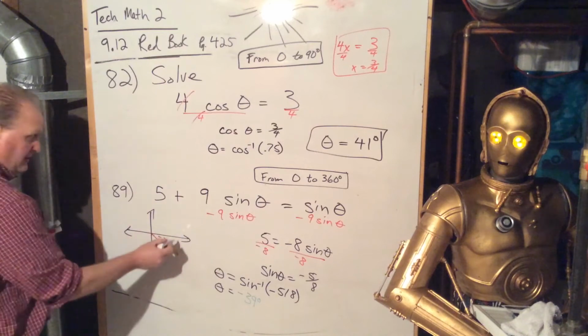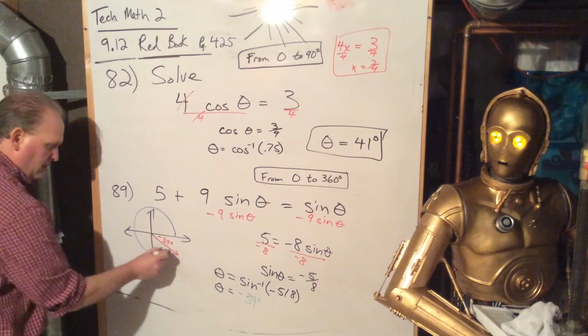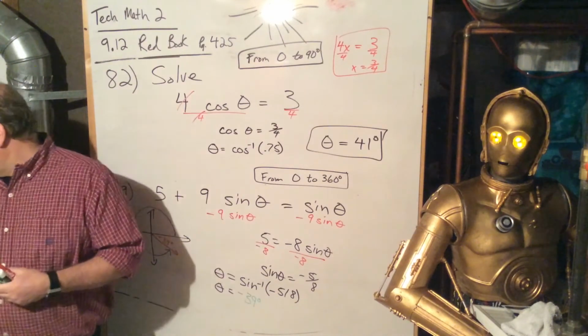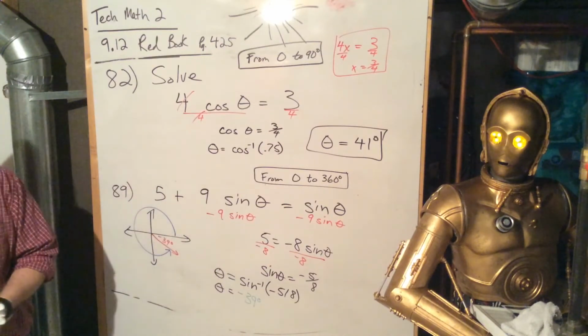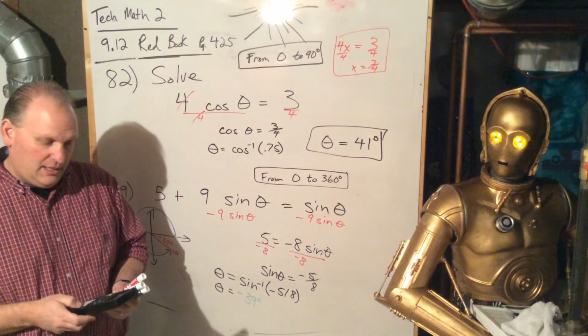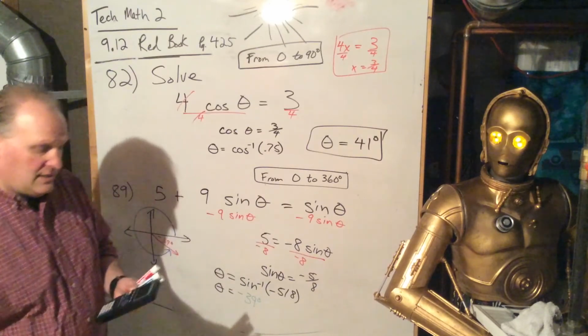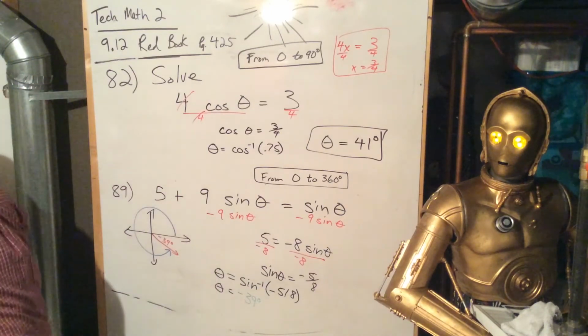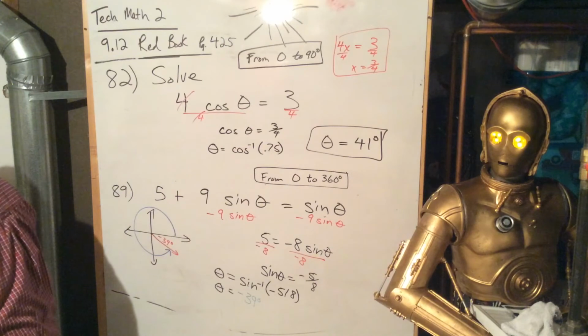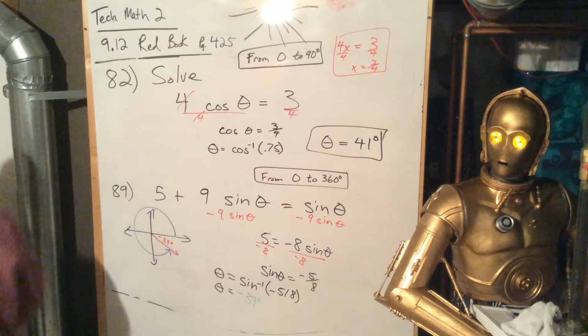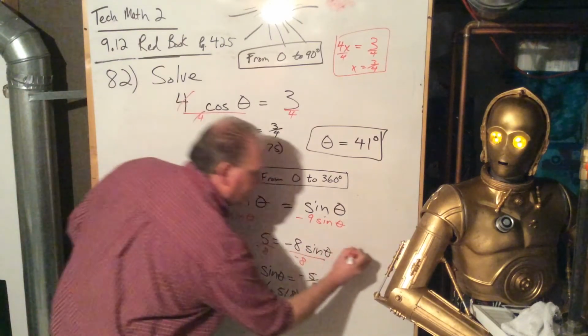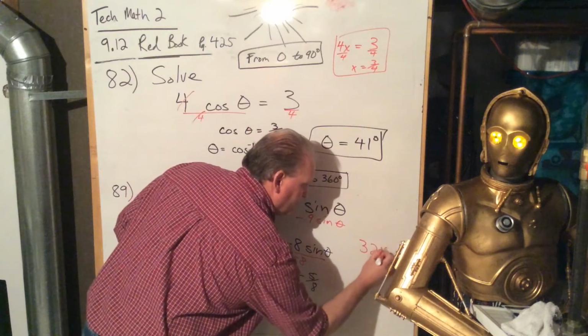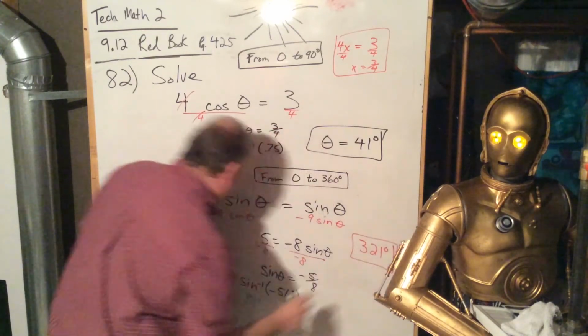So we can call this coterminal with this angle. So if we go 360 minus 39, 360 minus 39 is 321. So one of our answers should be 321 degrees. That's one of our answers.